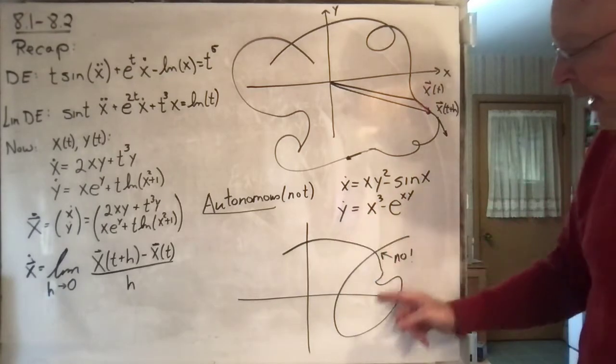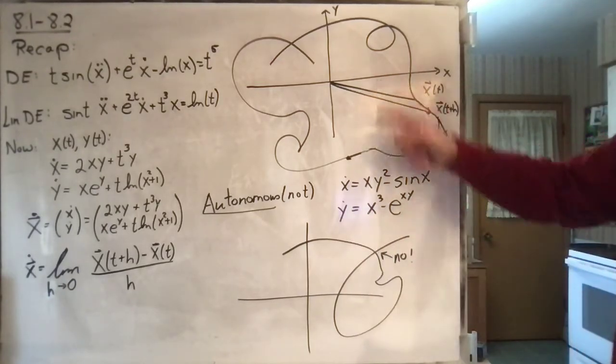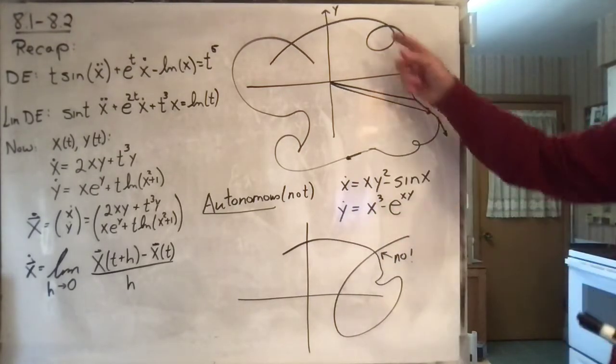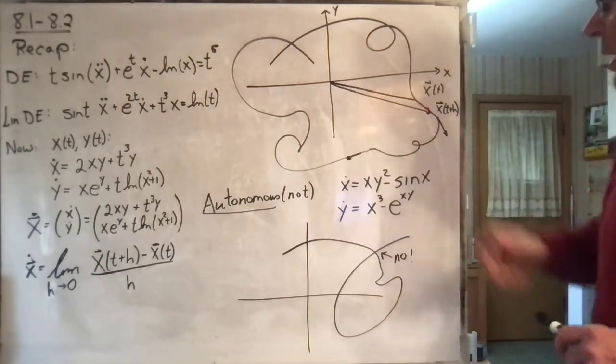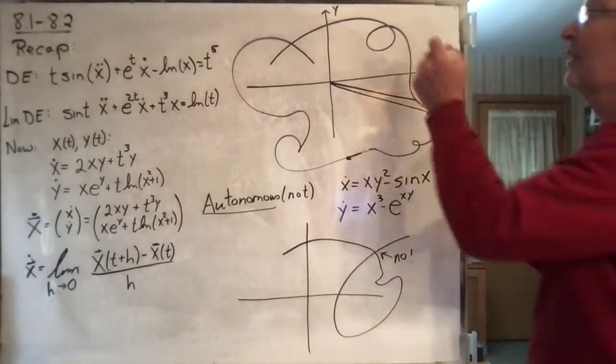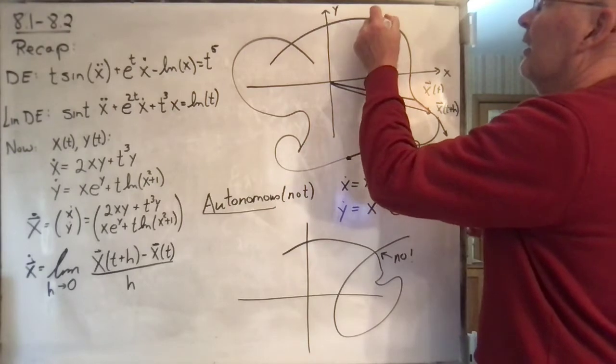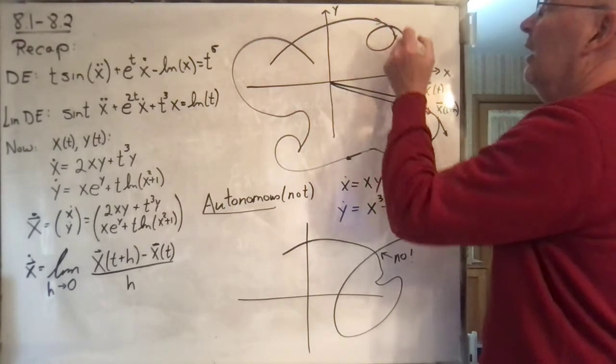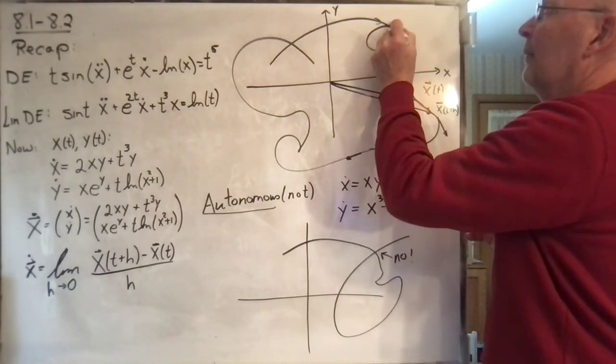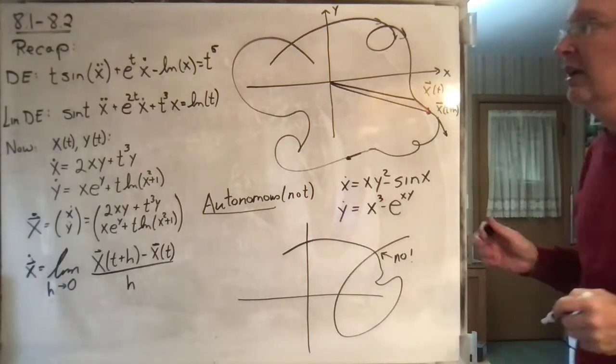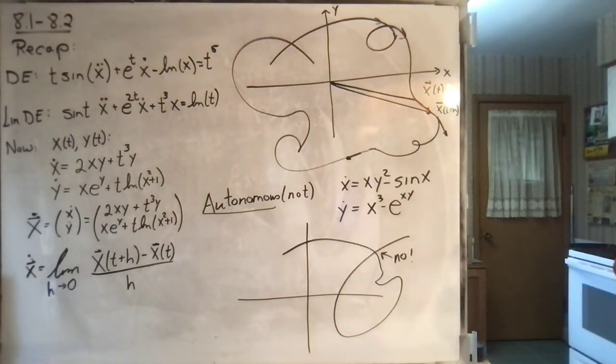And so if you were to graph that, one difference between this graph and this graph is that this graph can intersect itself. Because at one point in time, you're right here going this way, and then at another point in time, you're right here going this way. So that's fine that at different points in time, you happen to be at the same point.